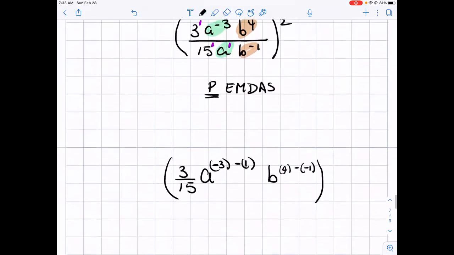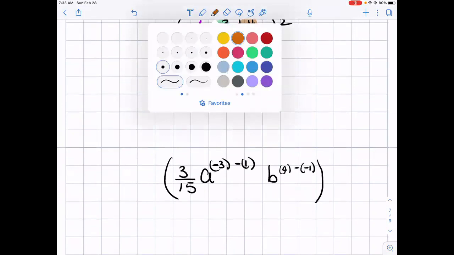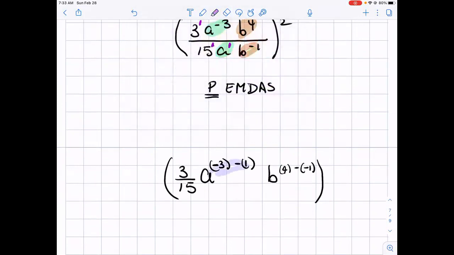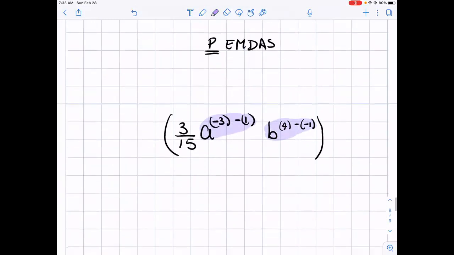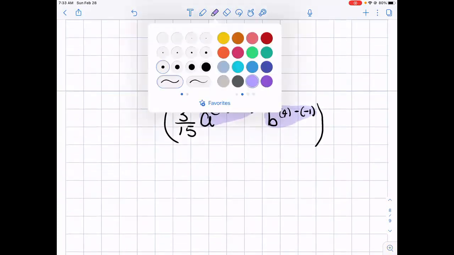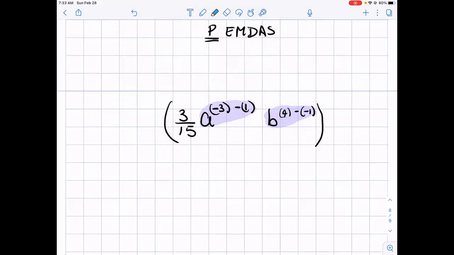Now notice also when you write these things here, I don't put them in the denominator. I write them as if they were in a numerator. So now I can simplify 3 over 15.